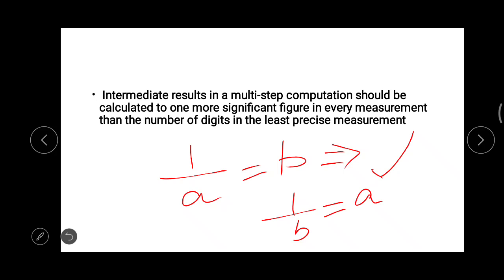So the new value is 0.1044, and whenever you take the reciprocal of 0.1044, you will get the value 9.58. So we have shown justice to the basic mathematics also. In such multi-step computations or calculations, you have to do like that.